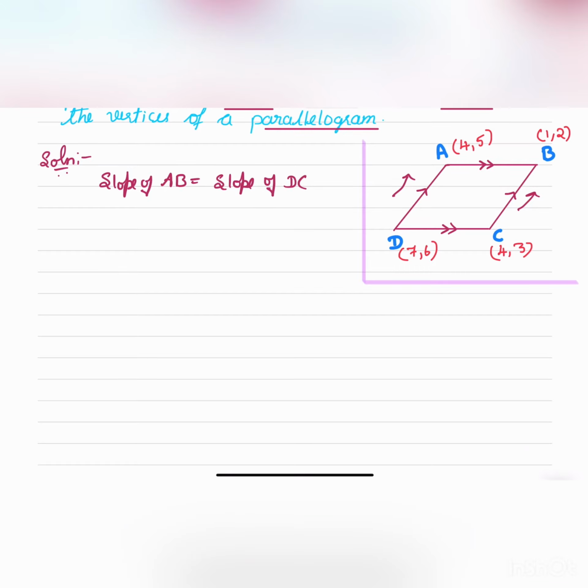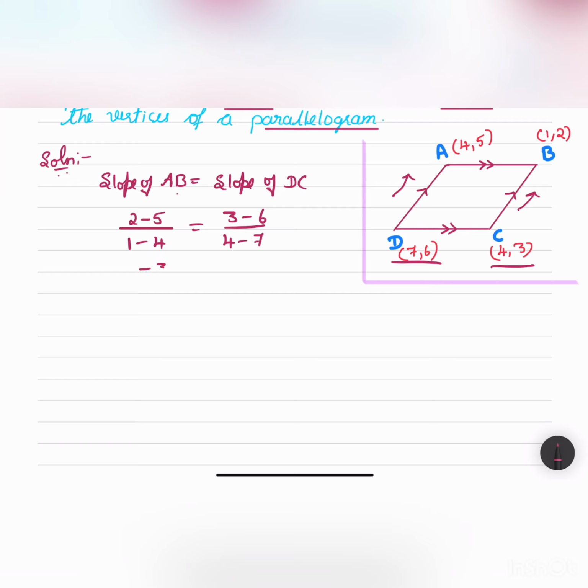Let us take a look about the slope of AB first. So it is same formula again, m is equal to (y2 - y1) by (x2 - x1). So if we take slope of AB, then it will be equal to 2 minus 5 divided by 1 minus 4, is equal to slope of DC now. It is 3 minus 6 divided by 4 minus 7.